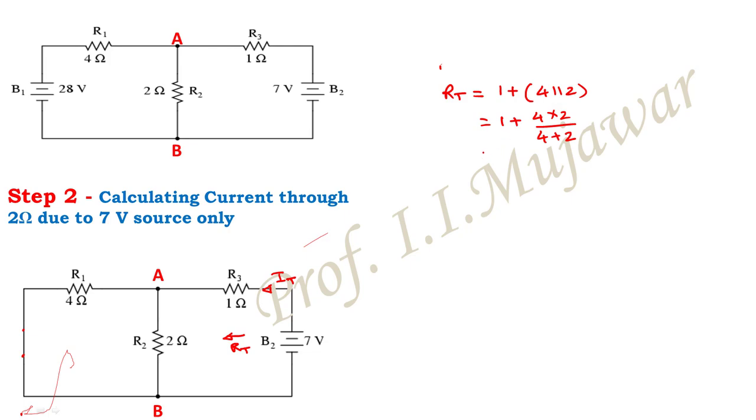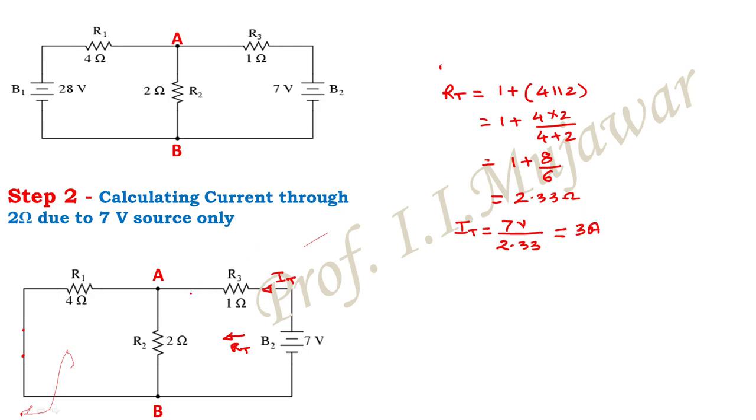Now this value is 1 plus 8 by 6, and this value comes to be 2.33 ohm. Now the current delivered by the 7 volt battery, that is IT, is equal to 7 volt divided by 2.33. So this value comes out to be 3 ampere.